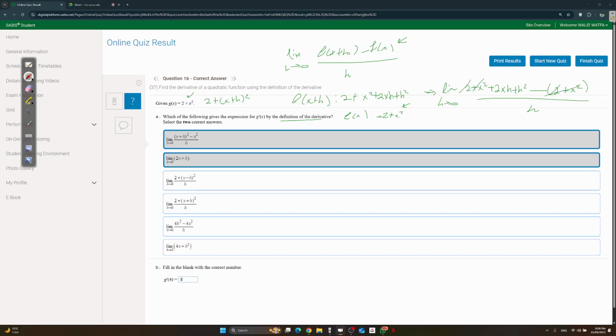You get limit as h approaches 0, 2xh plus h squared over h. Can't we factor all the h's and cancel them? Yes, we can. You're going to get 2x plus h. Now, substitute your limit. Instead of h, we put 0. So you get 2x plus 0, which is 2x. So your answer is 2x.